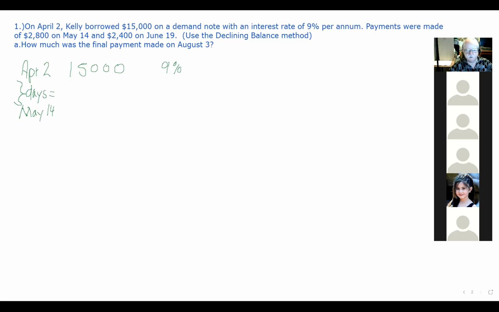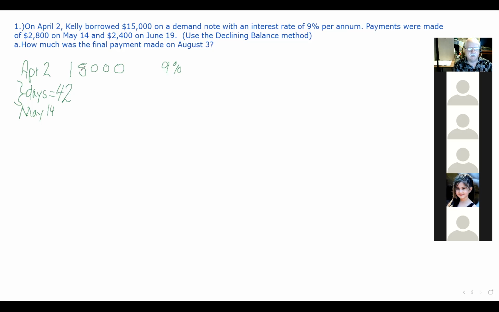So I'm going to find my chat box here, and I'm sure someone will tell us those days. They didn't tell us a year, and it doesn't really matter because we're not going over the end of February, so we're not worried about leap year. So how many days from April 2nd to May 14th? Let's go with 42, unless someone says that's a terrible answer.